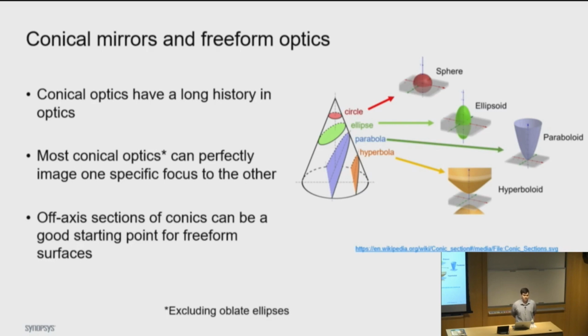I have chosen to exclude oblate ellipses there, but even that exclusion is not totally necessary because an oblate ellipse is able to do stigmatic imaging in 2D, but in full 3D we can say that most conic optics are able to do the stigmatic imaging there as well. On top of this, off-axis sections of conics are a good starting point for surfaces in your freeform designs.